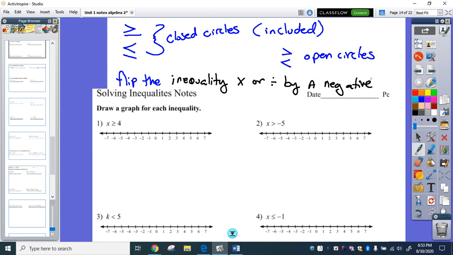Just keep that in the back of your mind as we go through this whole thing, because we will run into certain situations. So let's start off with some basics about graphing.